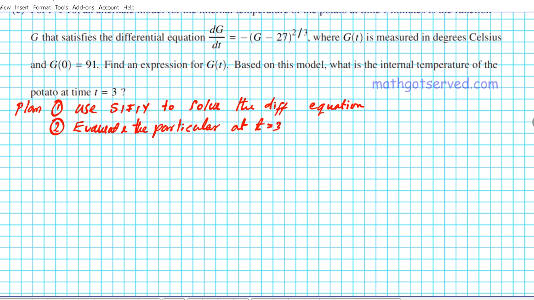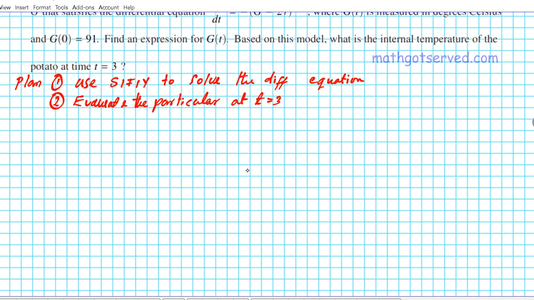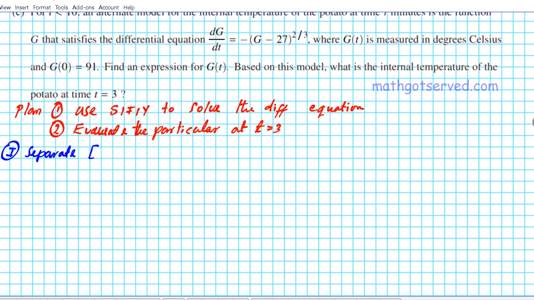In SCI-FI, we know the steps that we're going to be using to solve our differential equations. In SCI-FI part 1, we're going to separate. In this particular problem, we have a function of g and a function of t.